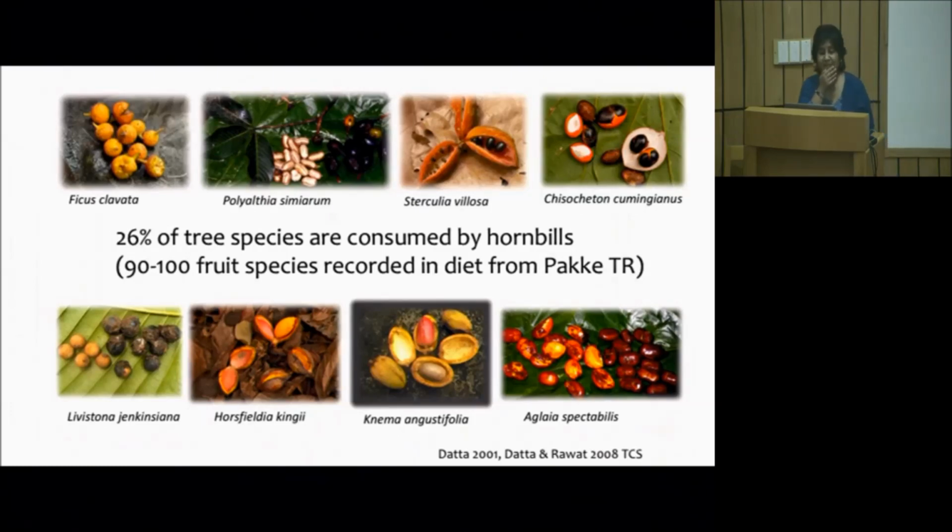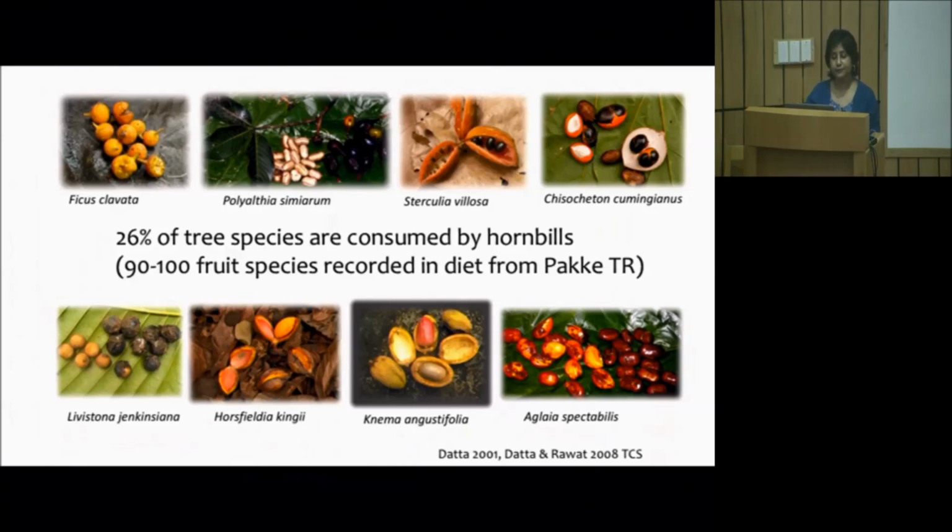And as you can see from the images, hornbills seem to prefer fruits that are black in color when ripe, or they prefer fruits that are a combination of black and red, or orange, those kind of colors. And the hornbills also do not, at least especially the larger hornbills, eat unripe fruits at all. So their aim is to eat the soft and fleshy part of the fruit.